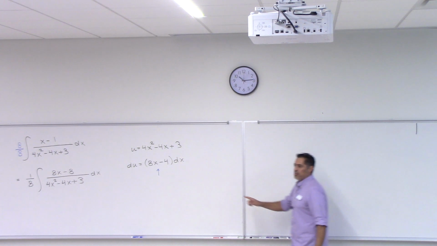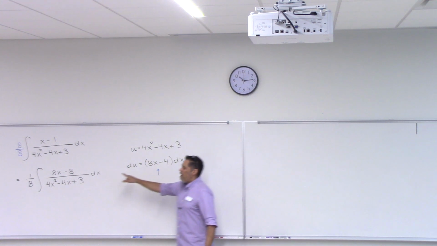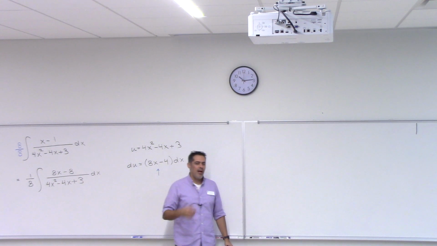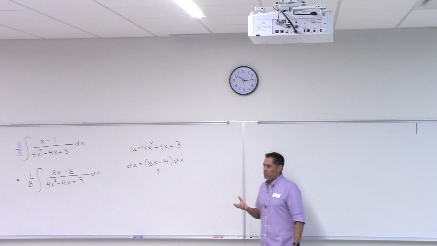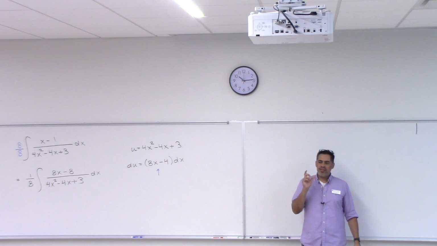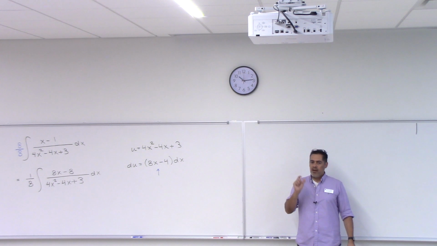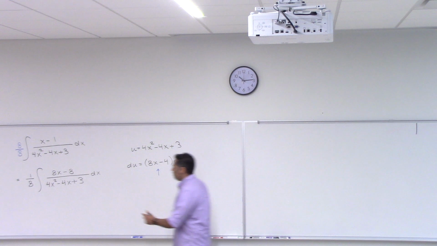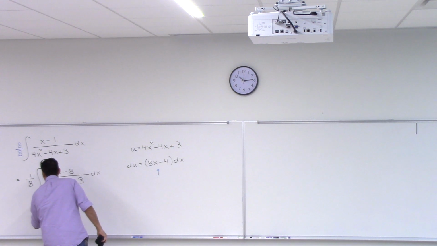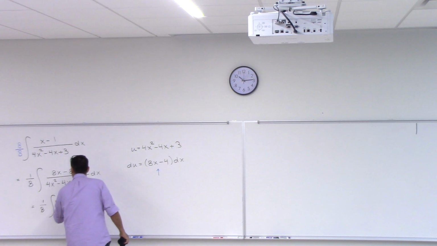Now, does it match? Not quite. Well, I'm going to do something to force it to match. I'm going to do the same thing I did when I was completing the square. I'm going to see that there's a hidden 0 here. All right? And here's my hidden 0. 1/8 integral 8x.